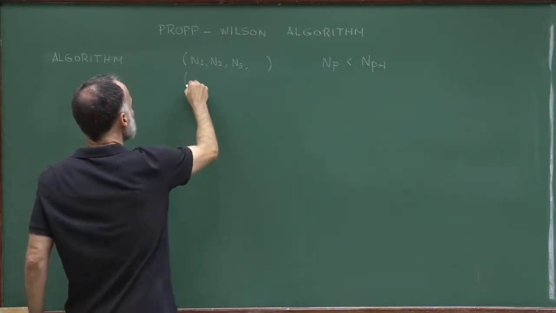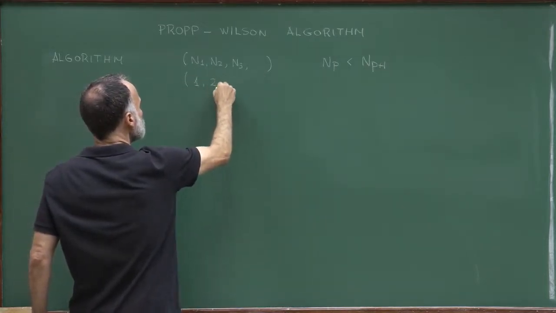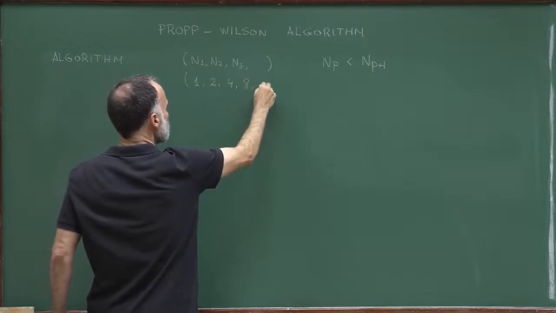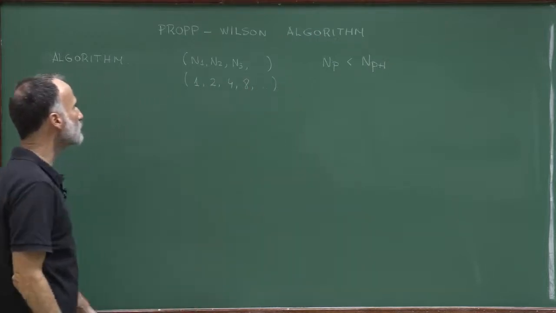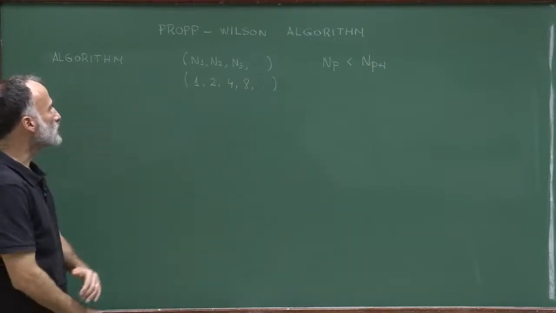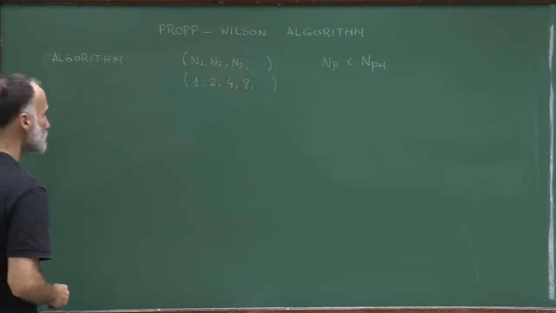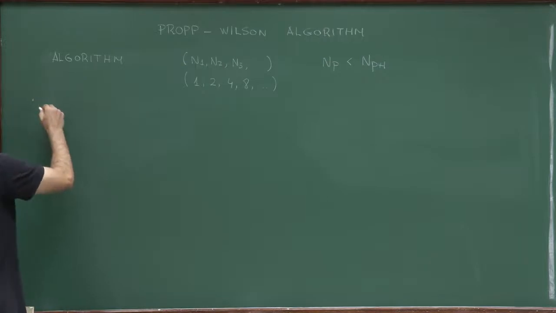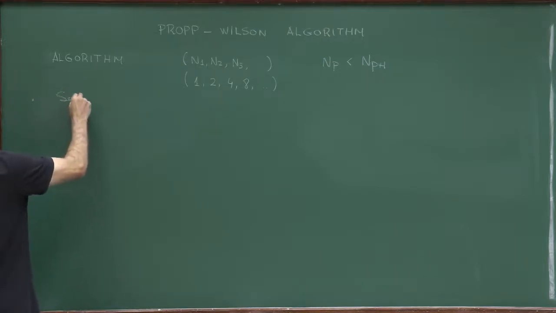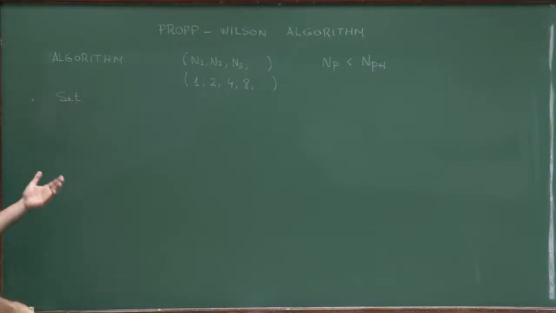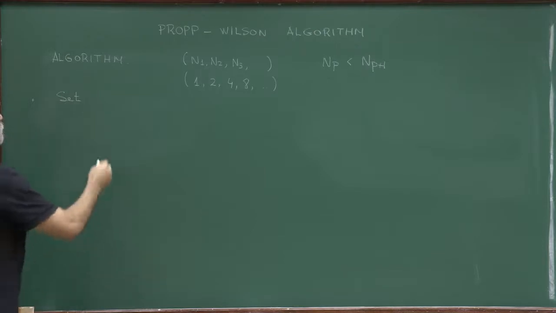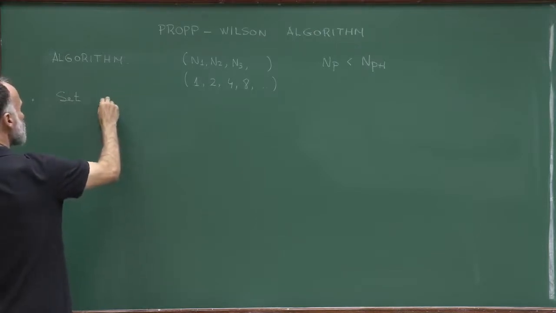Typically, I will take the sequence 1, 2, 4, 8, and so on. So this will be my sequence. During this lecture, I could have fixed any other sequence, but this one is fixed. Now, this algorithm is done in stages. So assume that you're at stage 1.